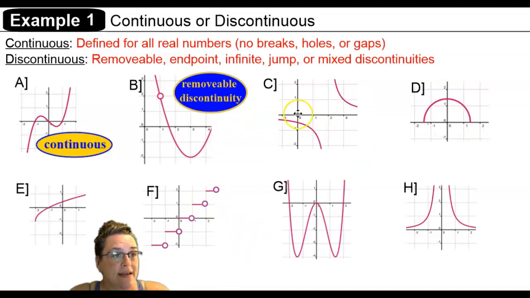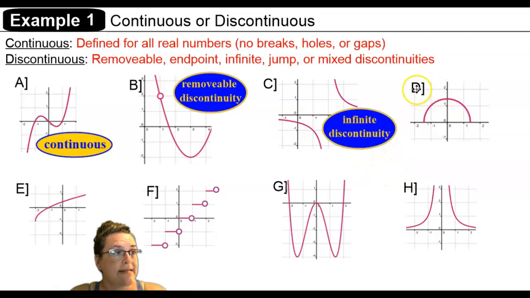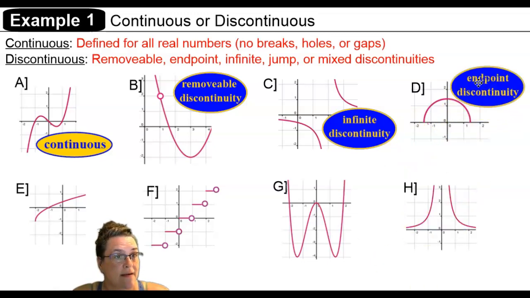In example C, as I'm tracing this rational function, this hyperbola, starting at negative infinity, I get here at this vertical asymptote at 2, and I can't get to the other side without lifting my pencil and hopping over that asymptote, and so that is an infinite discontinuity. Then in D, I can't even start tracing this curve at negative infinity because there is no function there. It's not even defined until I reach this endpoint. And so we call that an endpoint discontinuity.